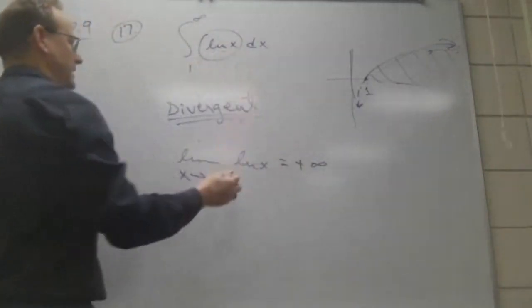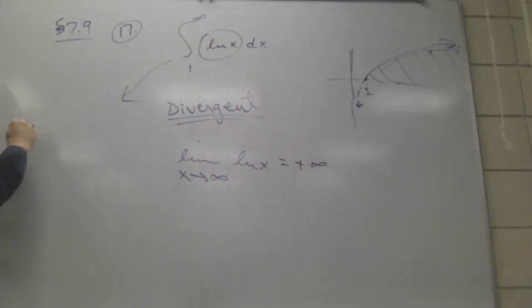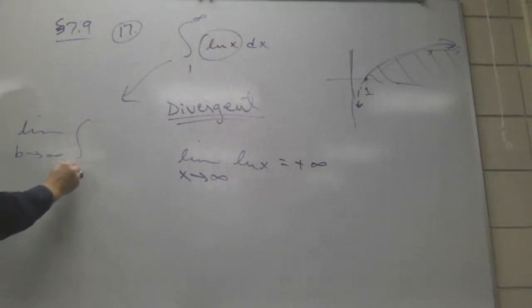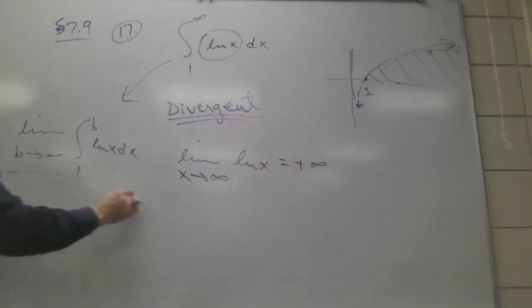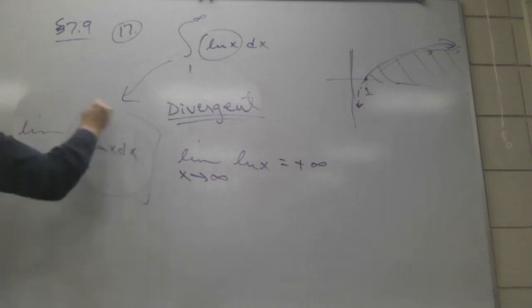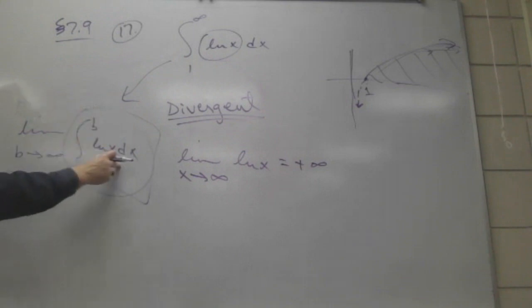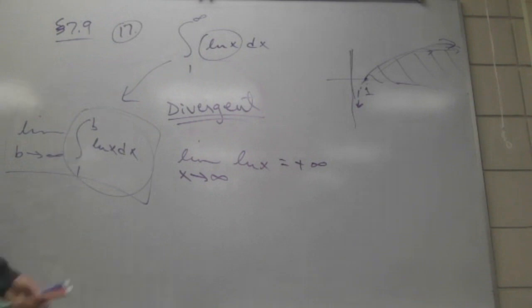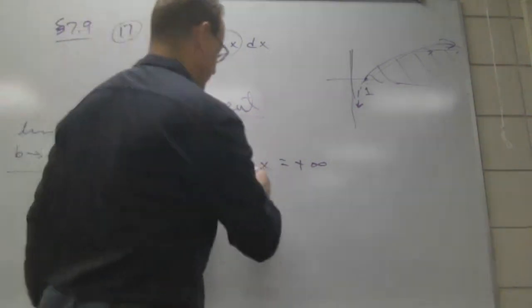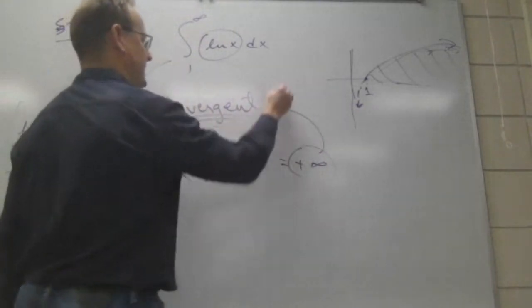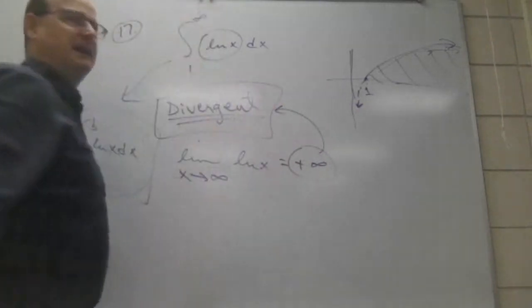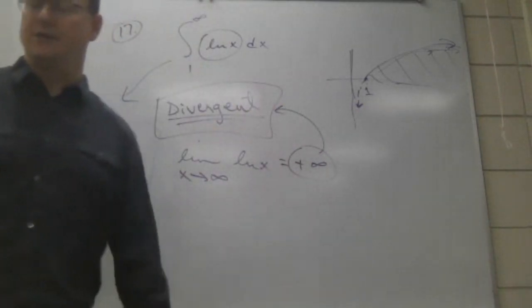So even if we rewrote that, the limit as b goes to infinity, which is what we would normally do, of the integral of natural log of x dx, even if that's some specific number, it's going to continue to get bigger and bigger and bigger. And because the limit as x approaches infinity of natural log x is plus infinity, that means this improper integral with an infinite limit is going to be divergent.